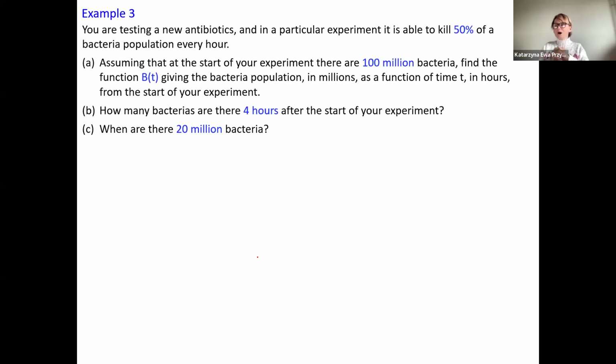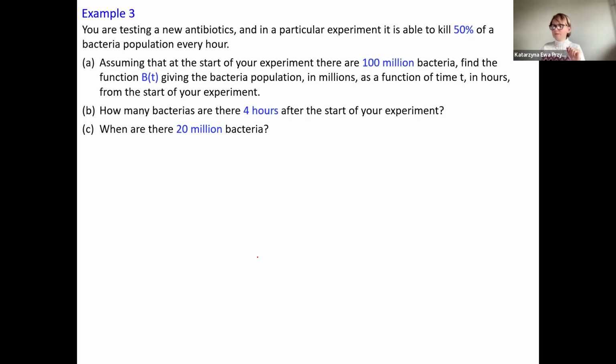You saw the list. Okay, let's solve this one. You are testing a new antibiotic. In the particular experiment, it is able to kill 50% of a bacteria population every hour.